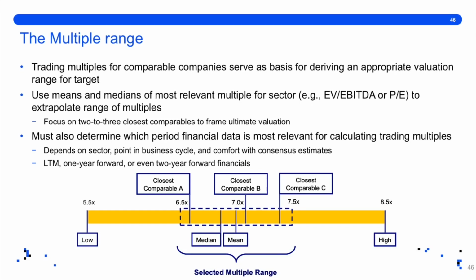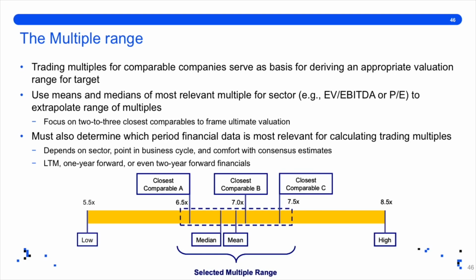Here, you need to come up with some idea to provide a reasonable range. The way they do it is to take the group of the closest comparables and say, look, the closest comparables go from 6.5 to 7.5. The mean is 7. That's my range. So the range here is from 6.5 enterprise value to EBITDA to 7.5 enterprise value to EBITDA, and the mean is 7.